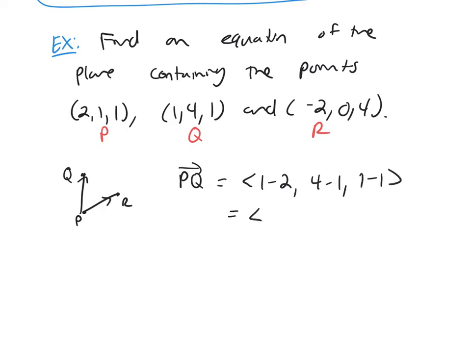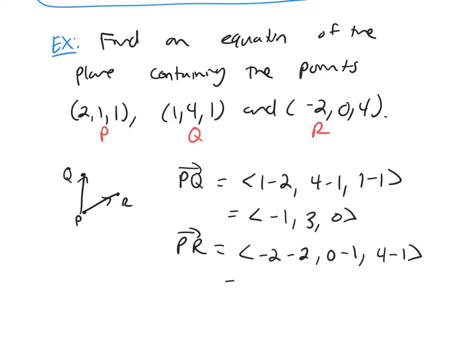So this vector would be negative 1, 3, 0. And then PR would be the vector negative 2 minus 2, 0 minus 1, and 4 minus 1. So here I'm getting negative 4, negative 1, and 3.